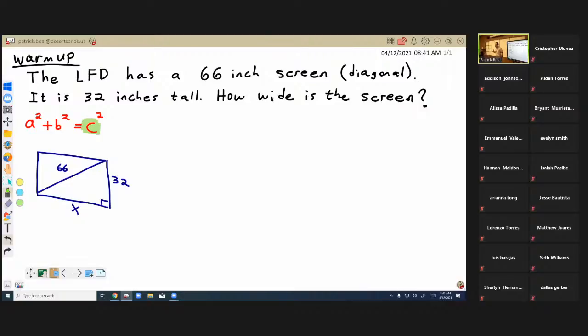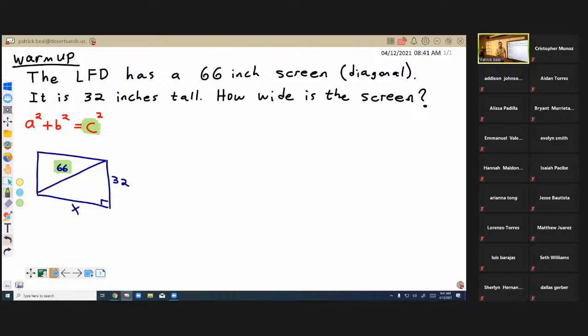What do you guys think? 66? Longest side? Hypotenuse? Yes, that is correct. Very good. So we want to plug in 66 for C because it's the longest side of the right triangle. It's the hypotenuse. So we're going to plug that in for C.